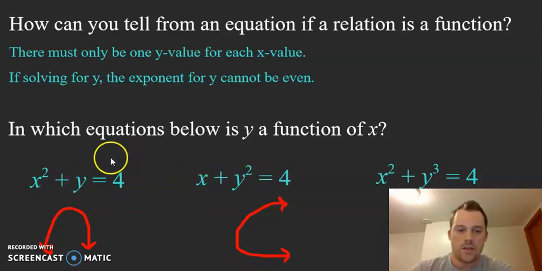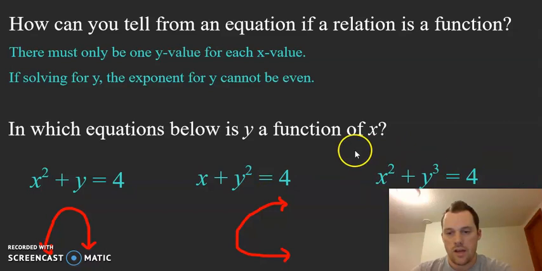So the difference there is here the y value has an exponent that is odd, and here the exponent is even. So then if we look ahead at this one, which looks kind of messy, that y value is odd again. So if you were to type this into a graphing calculator or Desmos, you would notice that once it goes back to an odd exponent for y, it becomes a function again.